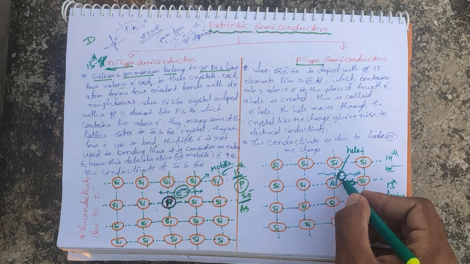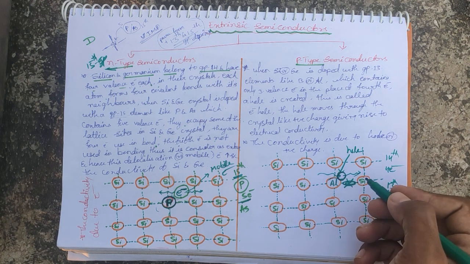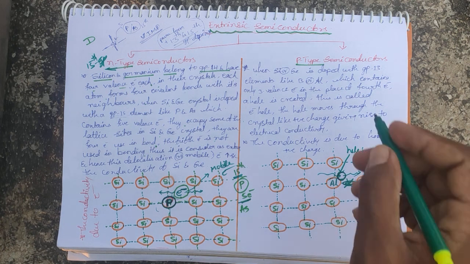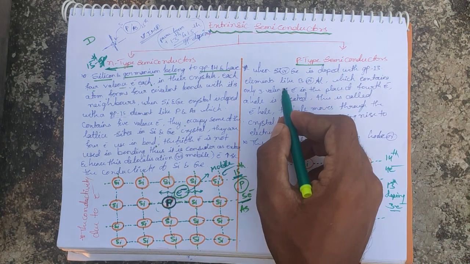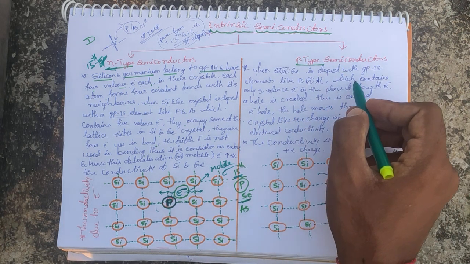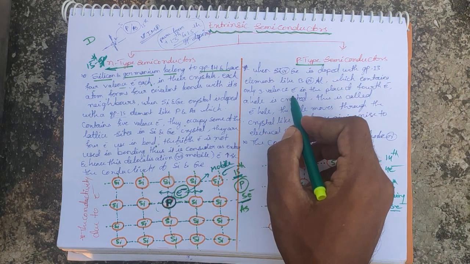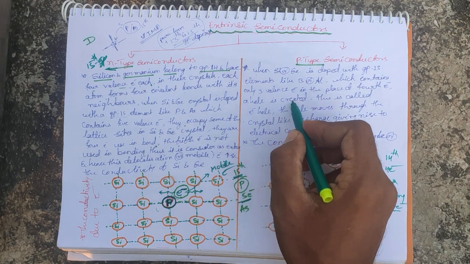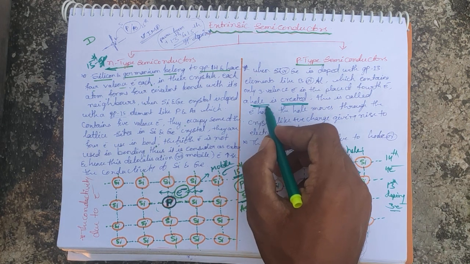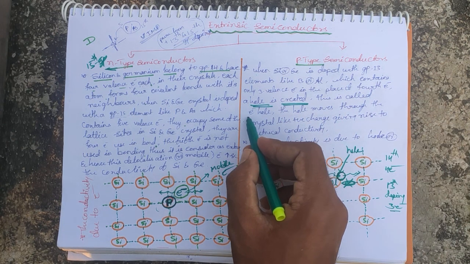Therefore, due to this hole, conductivity takes place. Understood? When silicon and germanium are doped with a 13th group element like boron or aluminum, which contain 3 valence electrons, a hole is created in the place of the 4th electron. This is called an electron hole.